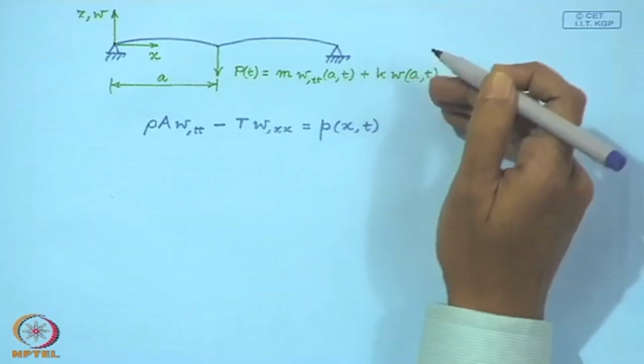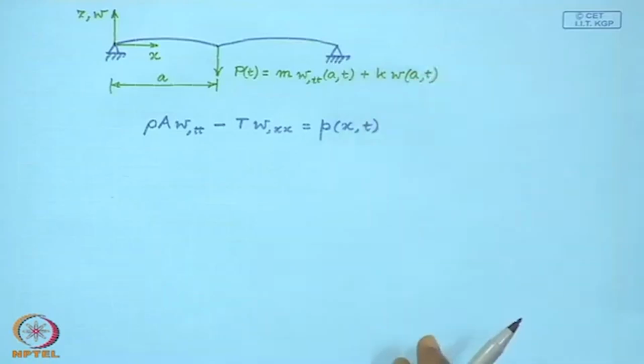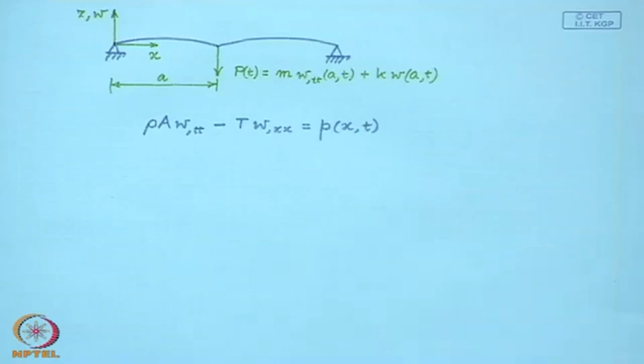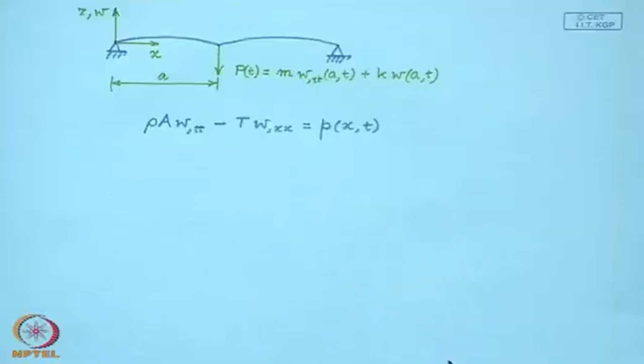So, somehow we have to now represent this concentrated force as a distribution. So, how do we represent a concentrated force as a distribution? This is what the question is.